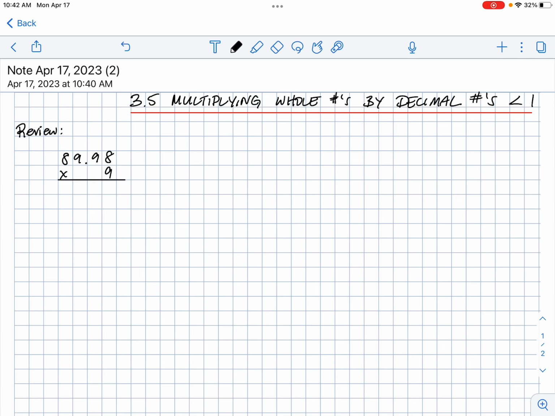Remember, leading up to this lesson, you've done a lot of work with estimating your answer before you actually multiply. We talked about the importance of estimating so that you're not just blindly putting the decimal point in your product without thinking why it should be there, right?